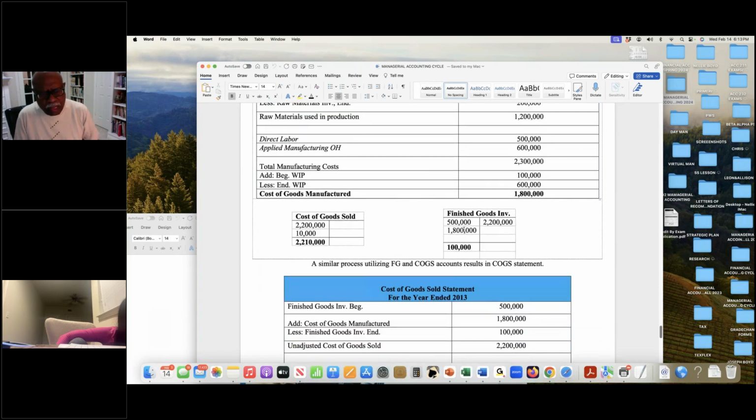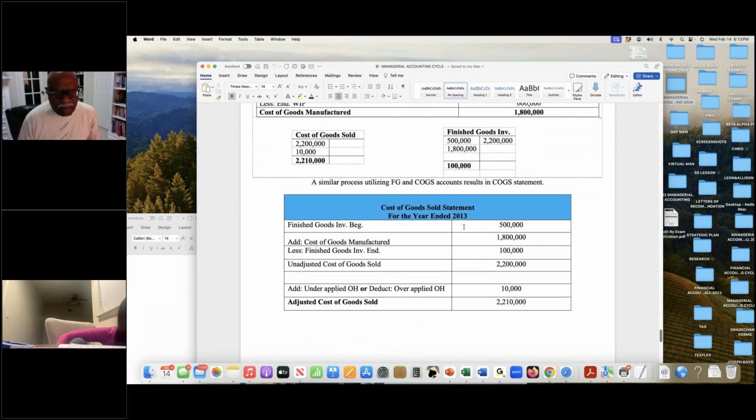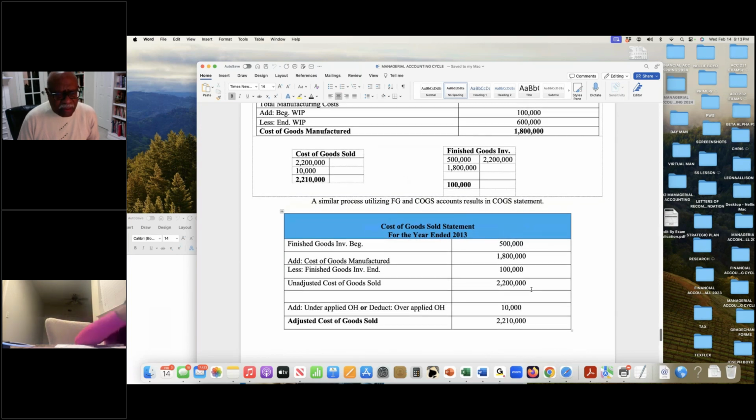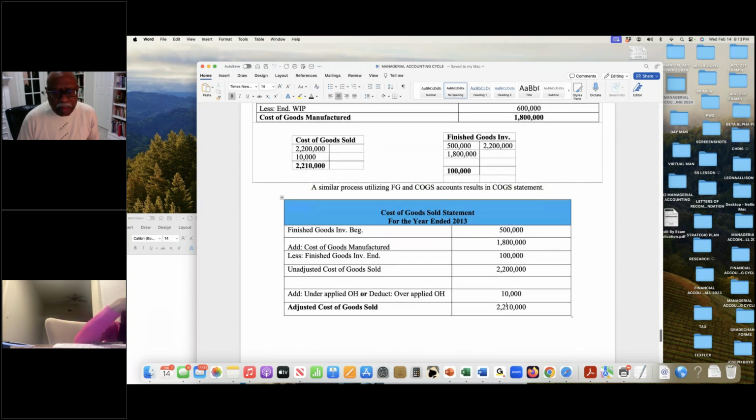Then the cost of goods sold, a much simpler statement. The finished goods inventory that we had at the beginning, we bring down the cost of goods manufactured. We subtract out the finished goods in the ending inventory to get our unadjusted cost of goods sold. And then we'll make an adjustment for overhead to get the adjusted cost of goods sold.